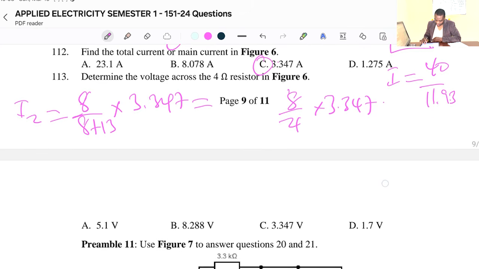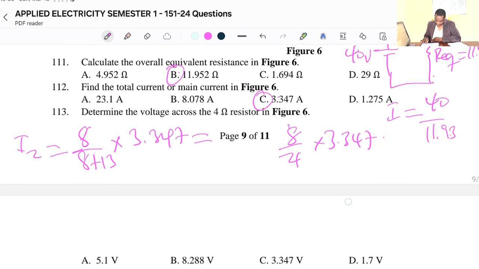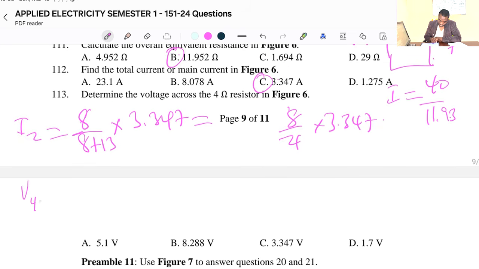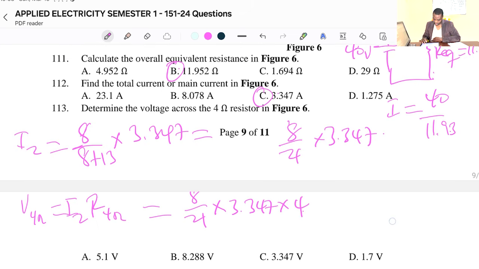Now the voltage across the 4 ohms. We know the current, which is I2, times 4 ohms. So the current, which is 8 over 21 times 3.34, times 4, right?